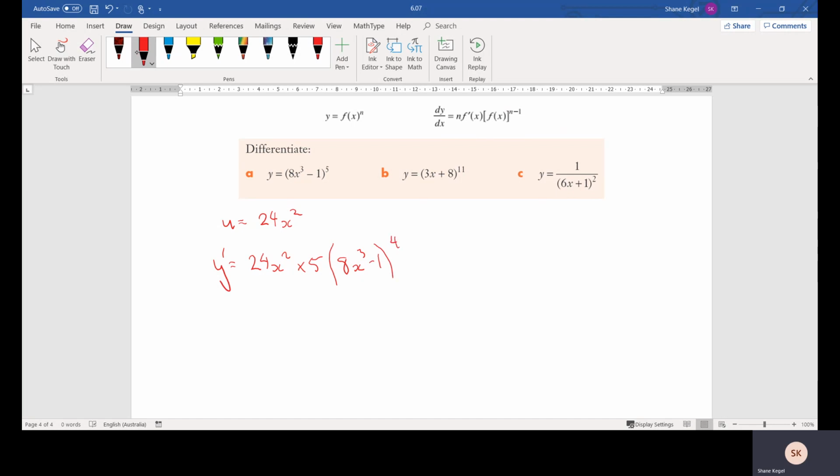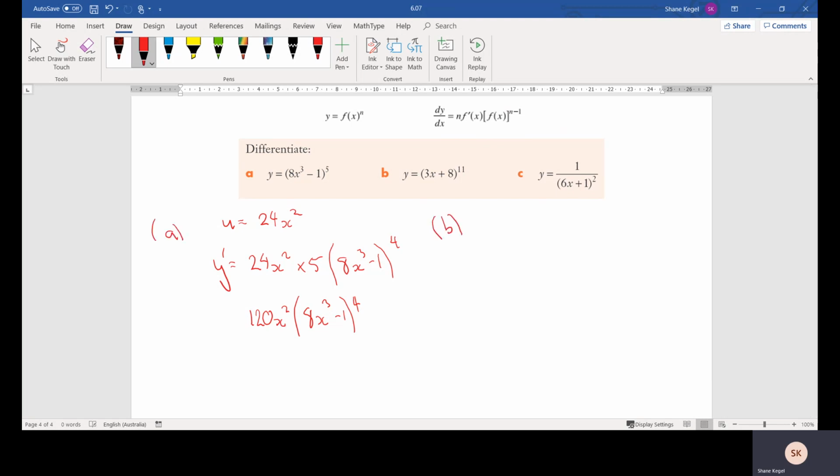Now I just simplify the terms out the front. So 24 times 5 gives me 120x squared, 8x cubed minus 1 to the power of 4. Cool.